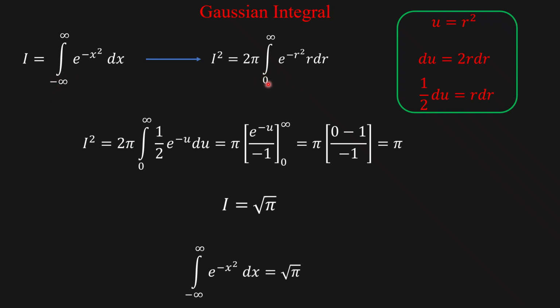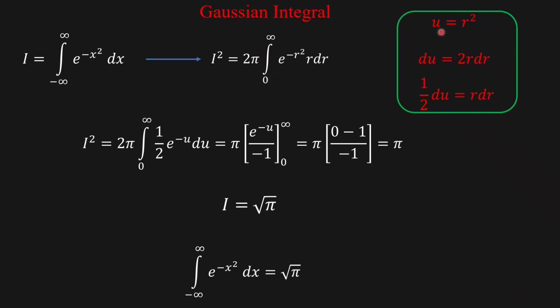Here the limit is 0 to infinity, and there it is minus infinity to plus infinity. You can see this is an odd integrand. If it were a symmetrical limit, this would be 0. Or naturally, without making any assumption, we got the integral, that is, a change in the limit of integration from 0 to infinity instead of minus infinity to plus infinity. That is a very important point.